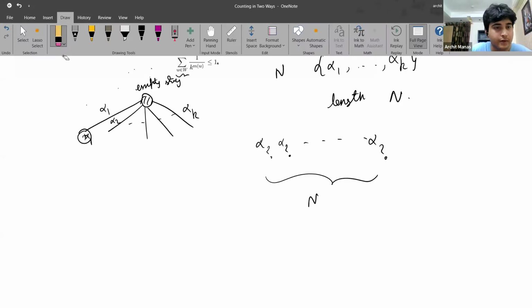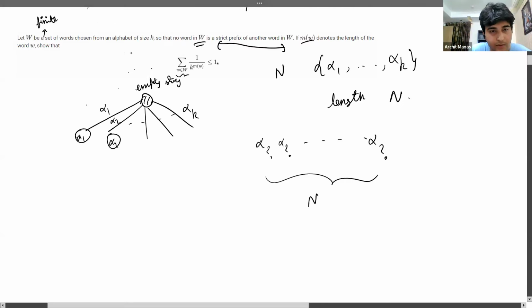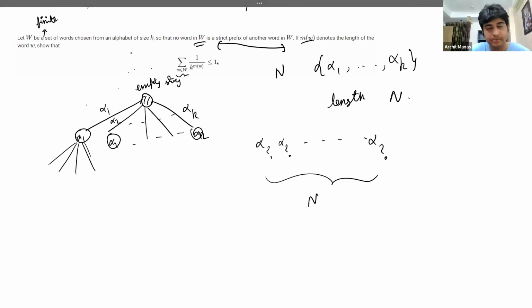So for example, here you would have strings alpha 1, alpha 2, all the way till alpha k, right? And of course, this also has k children. So you build this infinite structure. But of course, we can cut it at, say, level n if we want. We don't really have to continue with it forever.